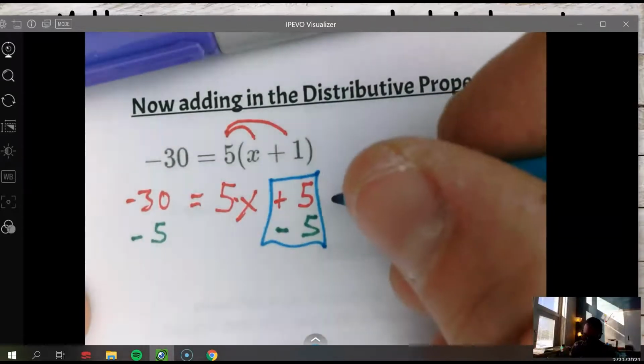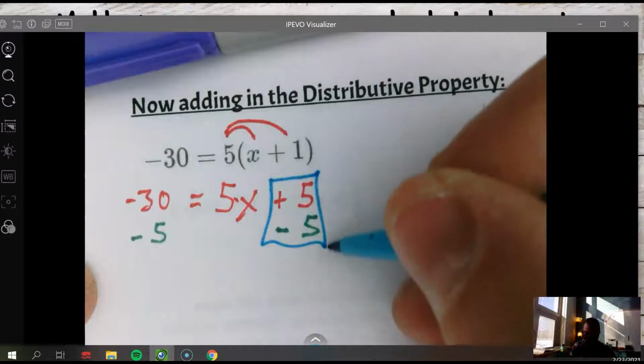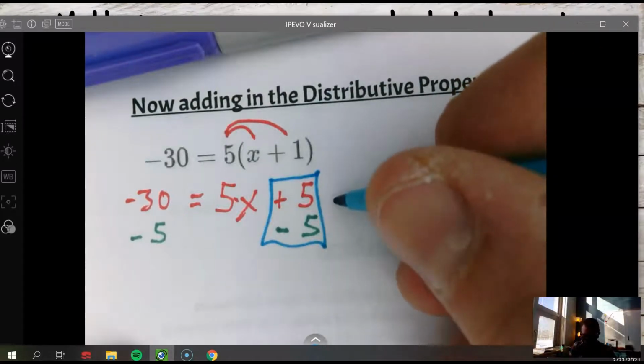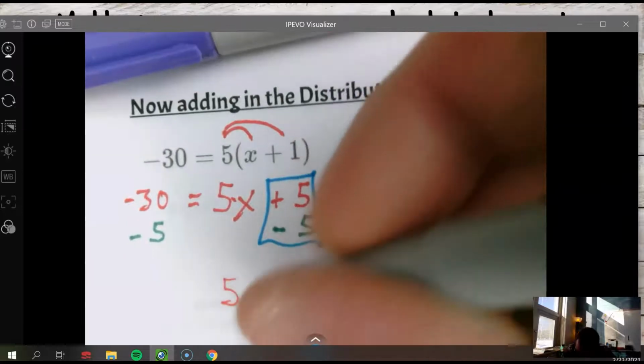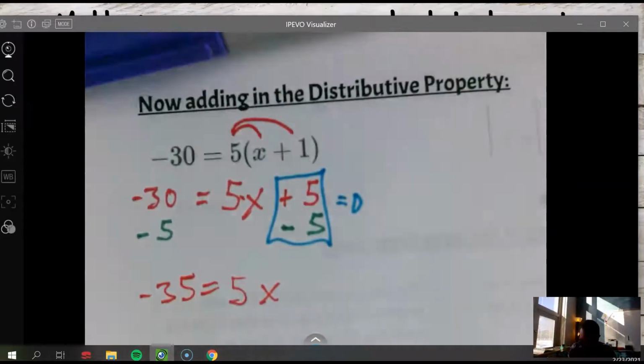Or sorry, these, not a giant 1. Was anyone going to catch me on that? What do these do? A positive 5 and a negative 5? Yeah, they cancel, right? They're 0. So that's 0. The 5x drops down. And we have negative 35.